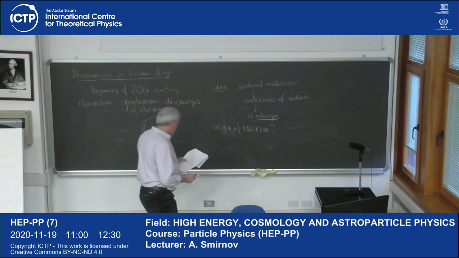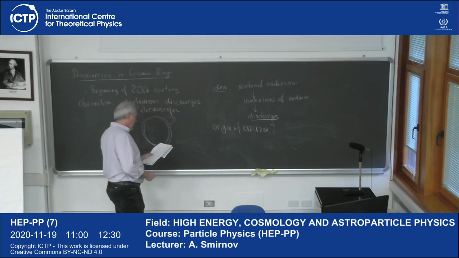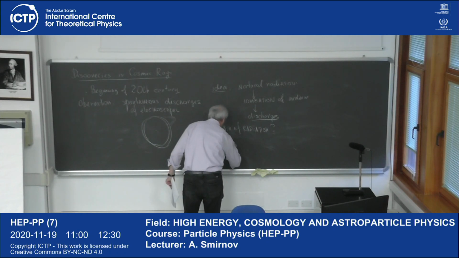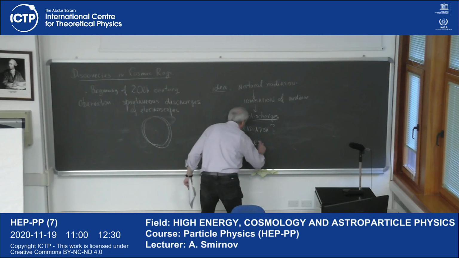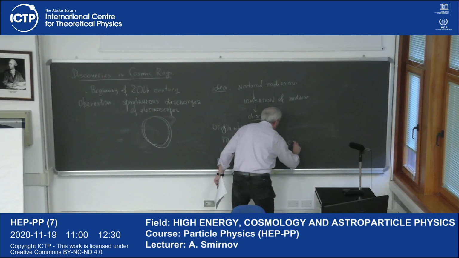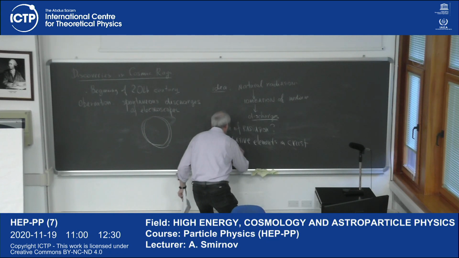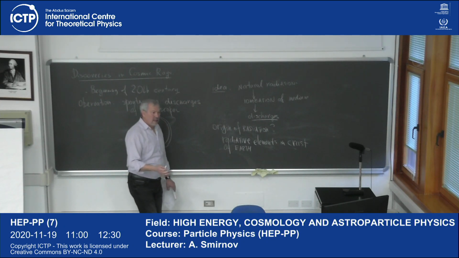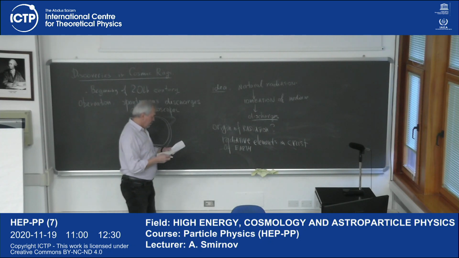The first idea was that this is just radioactive elements in the crust of the Earth, which produce gammas or electrons, and those particles eventually ionize the medium.